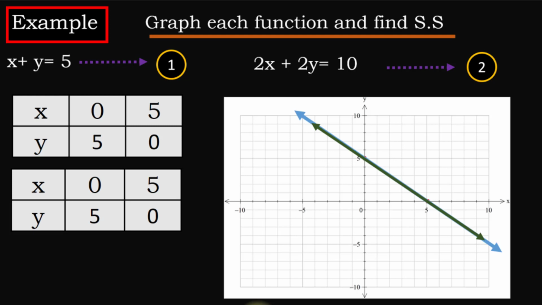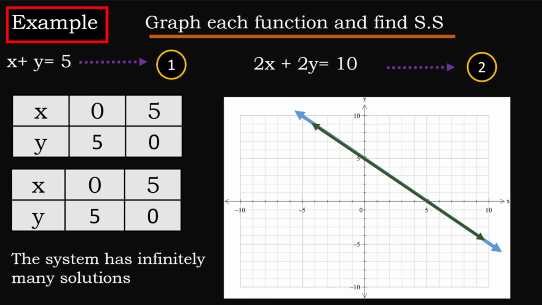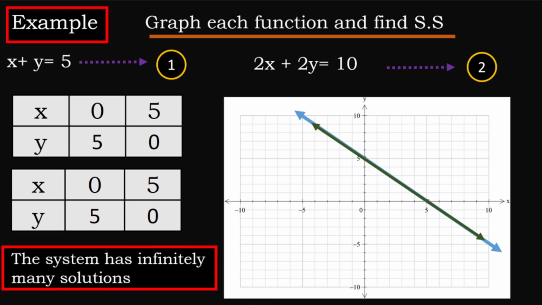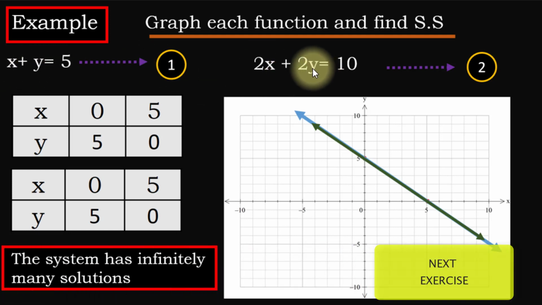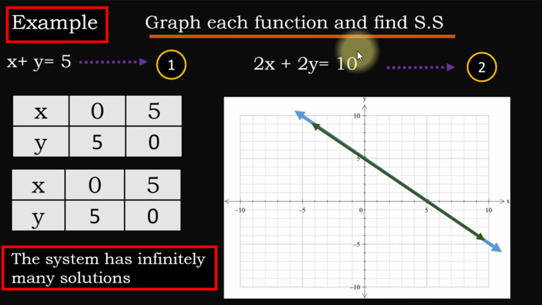We can draw it. So we deduce the system has infinitely many solutions. We studied before that a sub 1 over a sub 2 equals 1/2, b sub 1 over b sub 2 equals 1/2, and the ratio between the two constants, 5 and 10, equals 1/2. The system has infinitely many solutions.